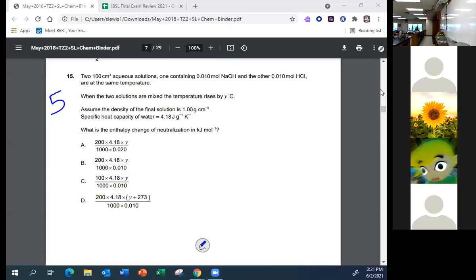Okay. So enthalpy change, delta H, is equal to Q over moles of limiting reactant. All right, we know Q is MC delta T. So these are the variables that we're going to want to fill in for our setup to select the correct answer. Okay, so some of these are a little bit easier than others. So we're going to do M. M is the mass that undergoes the temperature change.